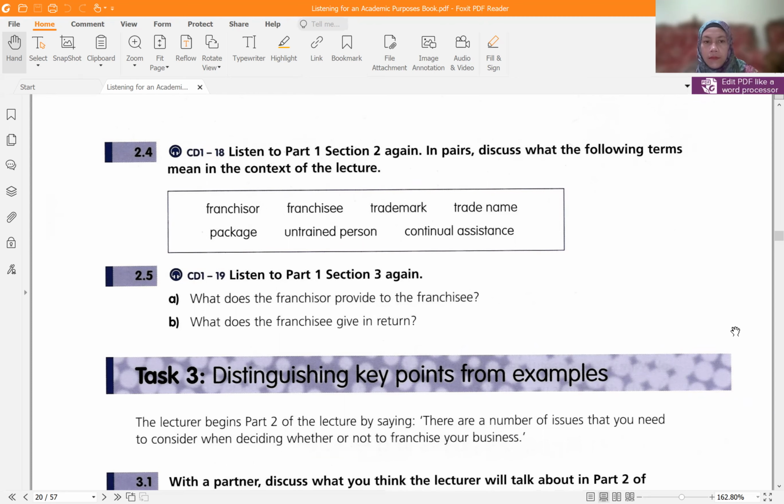This package would include things like training, consultancy arrangements, possibly supplies, marketing on a national scale, etc., etc.